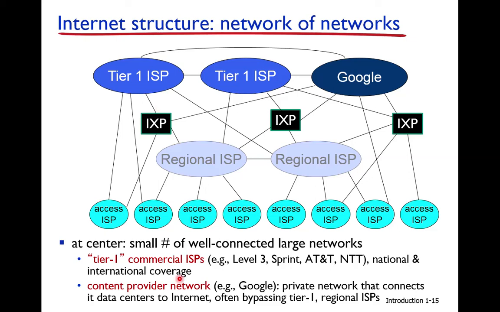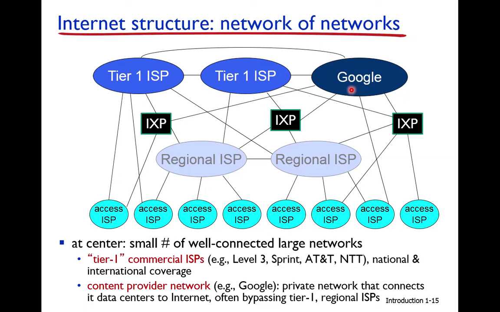So the content provider network is basically a private network that is deployed by a big company like Google. Why? Because they have deployed their routers, their own network, to provide their services closer to the users.